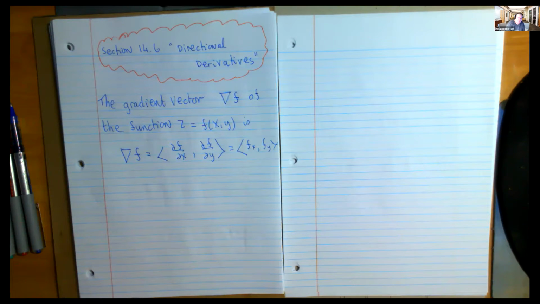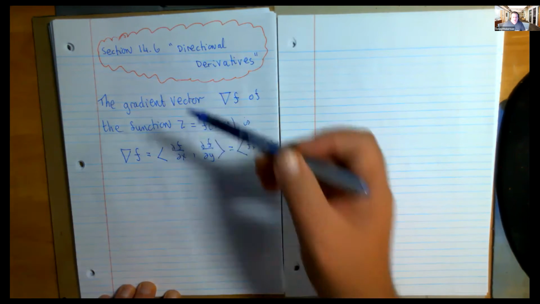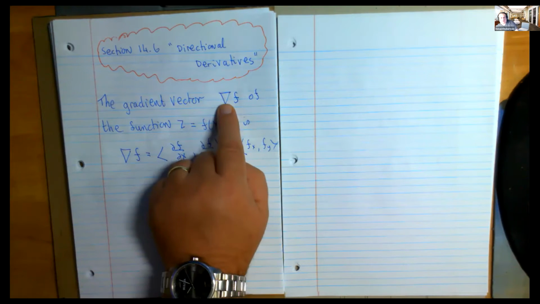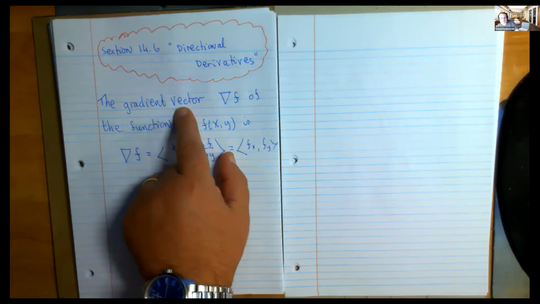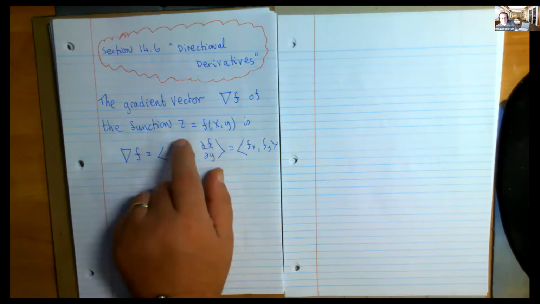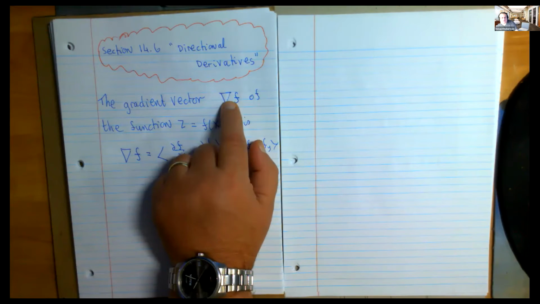And before we do the whole directional derivative thing, let's focus on a subproblem. There's a guy called the gradient vector. We use this upside down triangle and we pronounce this as delta. So we say the gradient vector delta f, or sometimes we just see this and we say the gradient vector.